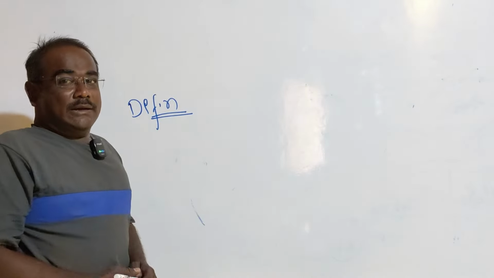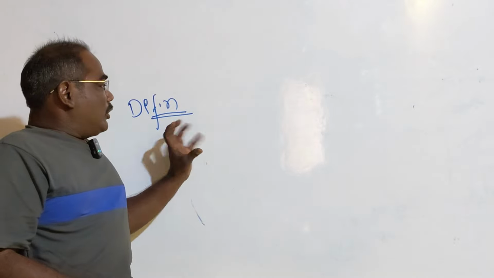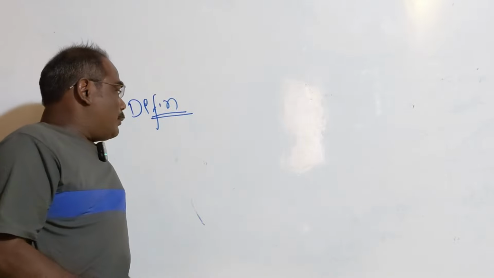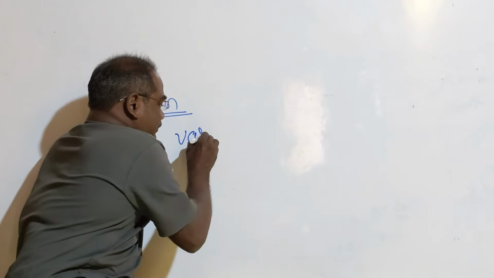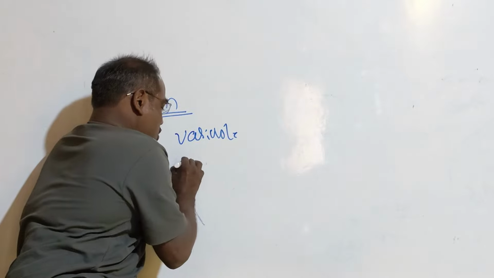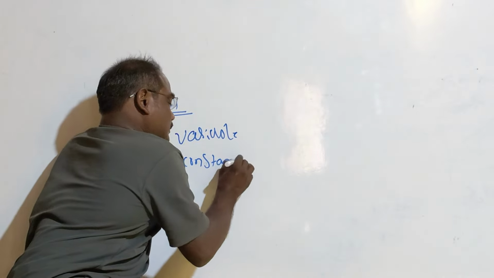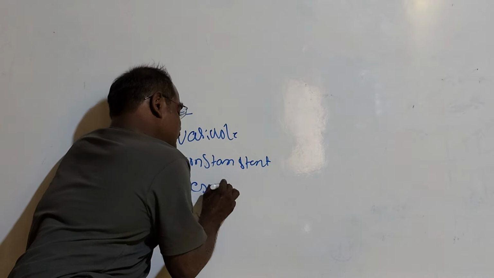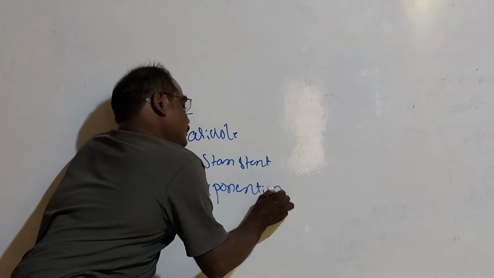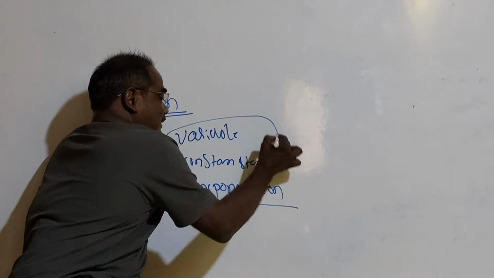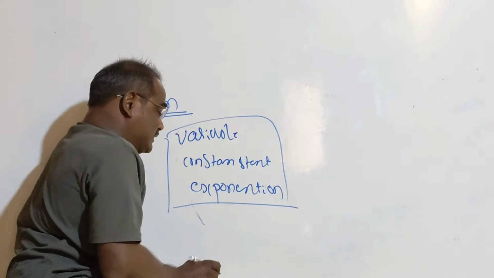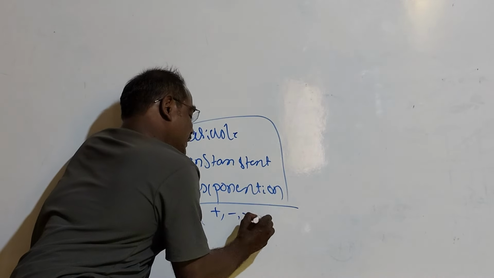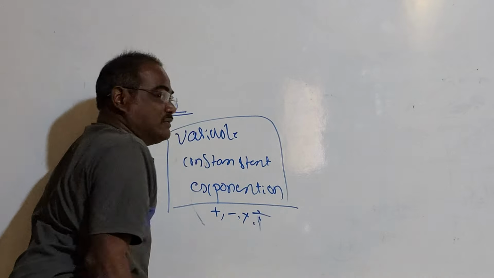A polynomial is an algebraic expression which is composed of variables, constants, coefficients and exponents, connected with operators like plus, minus, multiplication and division.